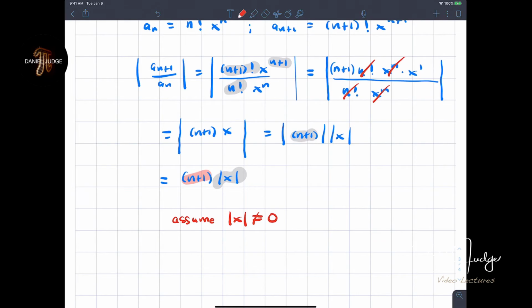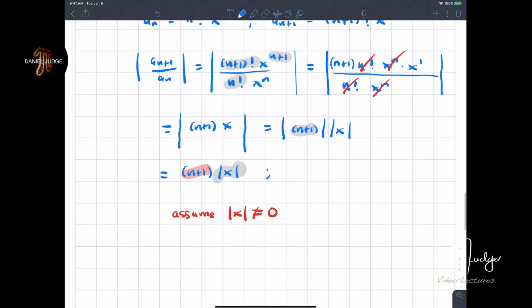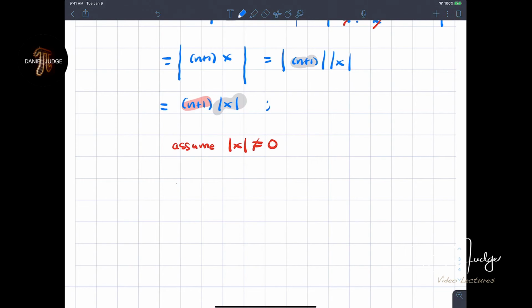So assuming this is not 0, when you take that limit as n goes to infinity, for the ratio test, this is really taking the limit of n plus 1 times the absolute value of x.